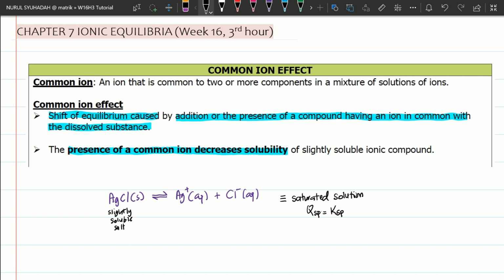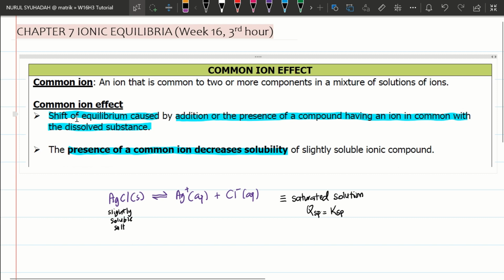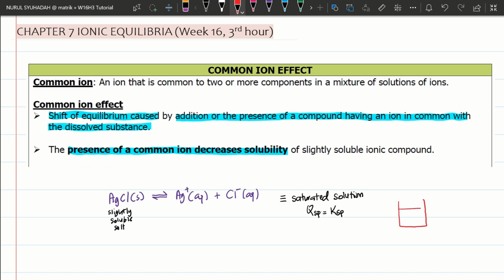Okay, now bila dekat sini kita kata tentang common ion effect, shift of equilibrium caused by addition or presence of a compound having an ion in common with the dissolved substance, and then presence of a common ion decreases solubility. Apa maksudnya dekat sini? So far what we did yesterday was, kita awak bayangkan dalam satu bekas, dalam ni kita isi water.